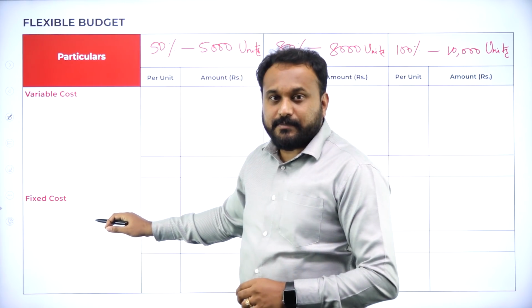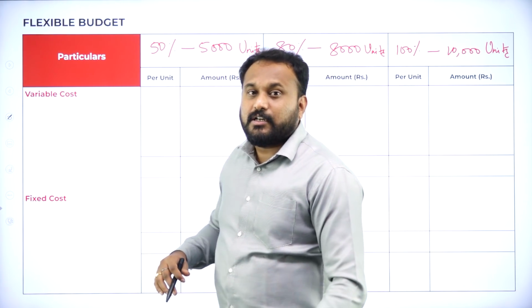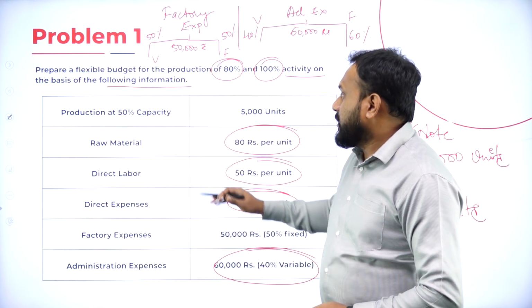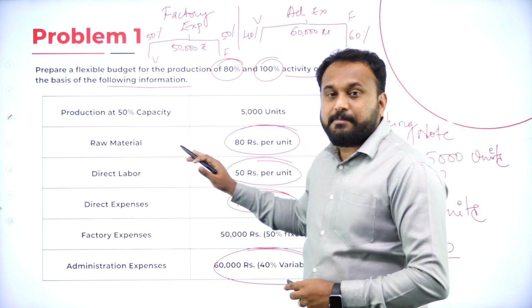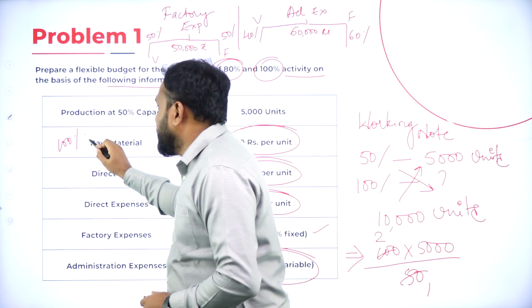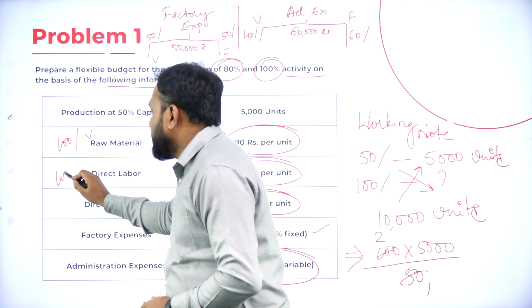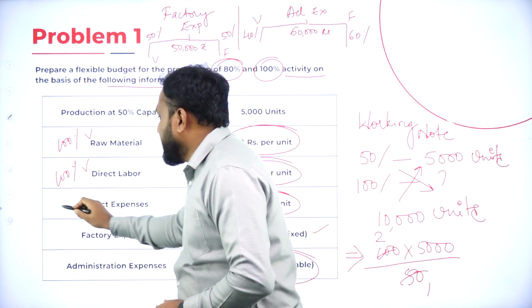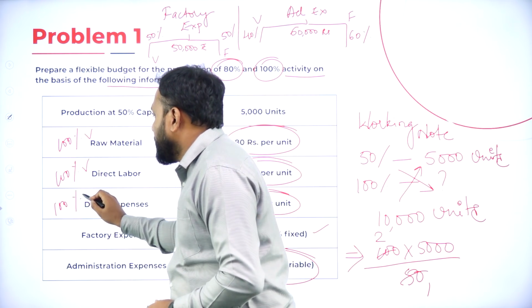Now in the problem, please check the problem and then go for it. Variable cost is given, right? What was the variable cost? Raw material, is it 100% variable or not? Yes, it is 100% variable. Direct labor, 100% variable. Direct expenses, 100% variable.